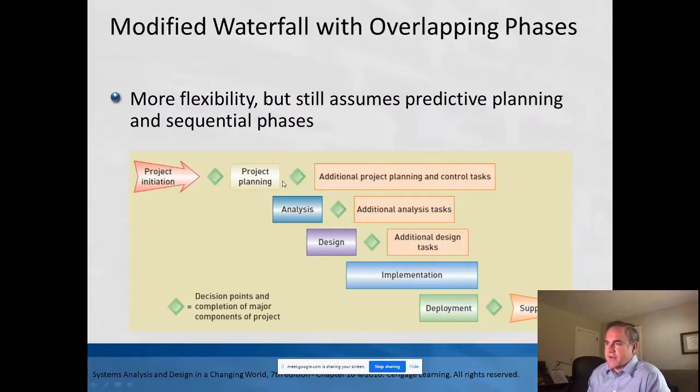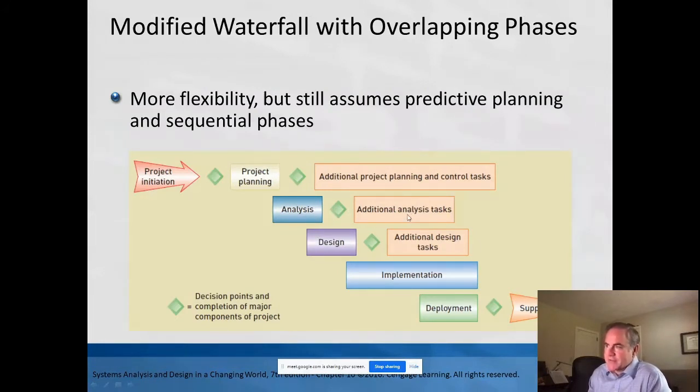And my decision point is I have sufficient planning to start doing the analysis. But you understand that there may be additional planning and control that happens through the duration of the entire project. With analysis, I have a decision point where I start moving into design. I say I have sufficient metrics gathered, requirements gathered, use cases created where I can begin the design.